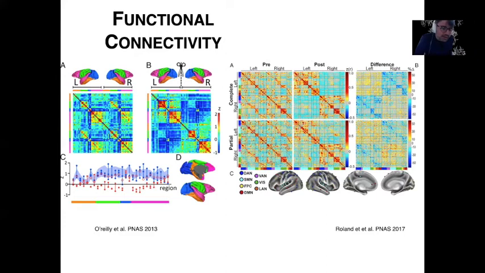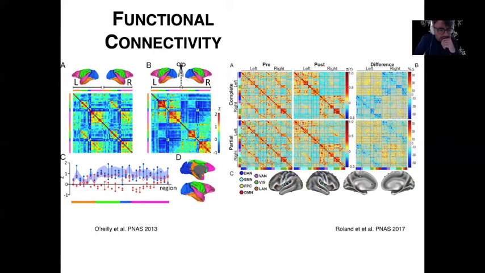You can see on the right panel of this slide the experiment from Roland et al. in 2017, where before the surgery you have a pattern of intra- and interhemispheric connection that is well distributed and completely lost after the surgery, which are the two connectivity matrices in the middle of the page.